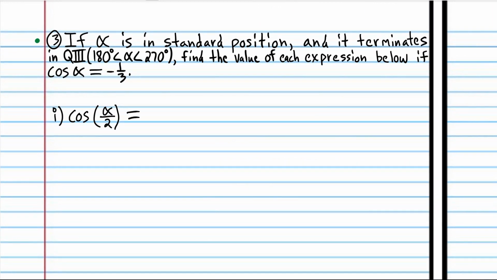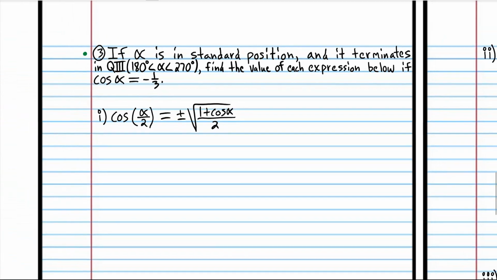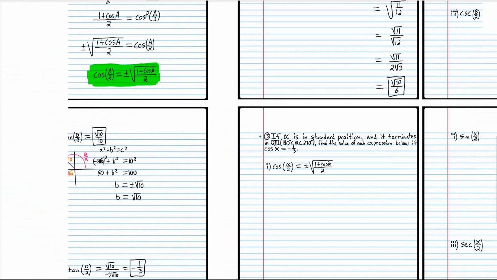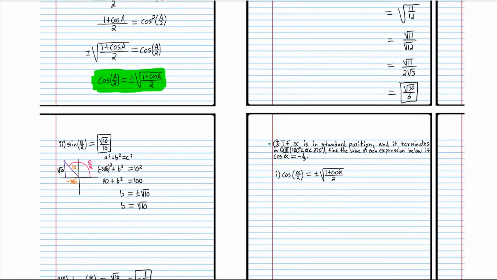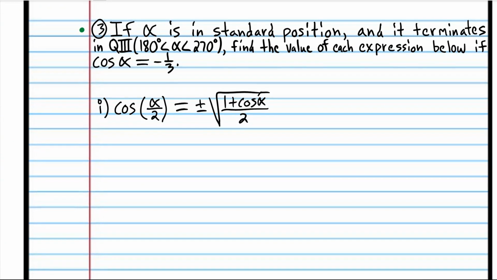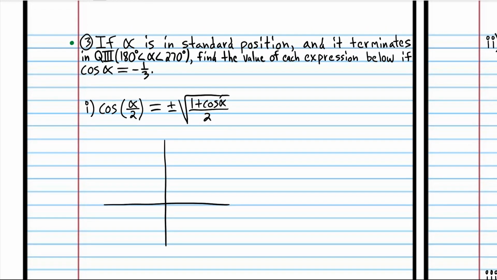So cosine alpha over 2 is equal to plus or minus root 1 plus cosine alpha all over 2. Again, that's one of our half angle formulas you see up there at the left. Now we have to figure out what quadrant alpha over 2 is in, so let's look at alpha. Alpha is in quadrant 3, so that's down here.